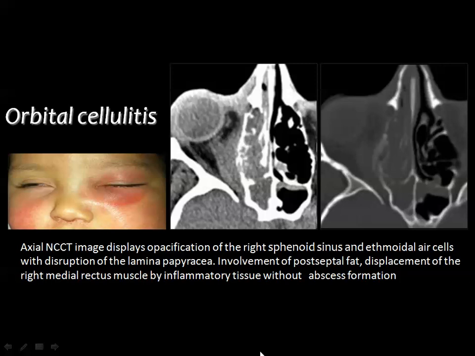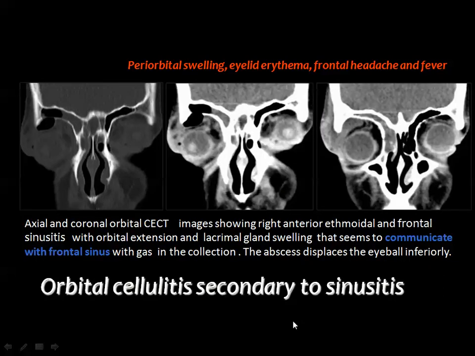Here you can see ethmoidal sinusitis and sphenoidal sinusitis on the right side with extension of the inflammatory granulation tissue inside the medial part of the orbit, being inseparable from the medial rectus and also reaching the optic nerve. This is an example of orbital cellulitis secondary to ethmoidal and frontal sinusitis.